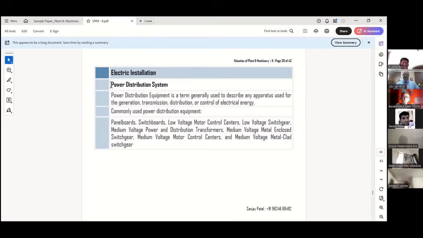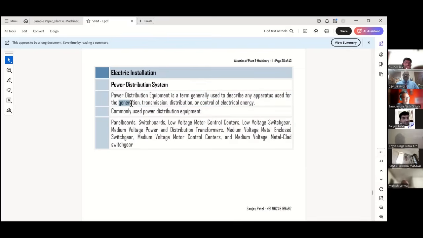So in entire power distribution systems, you will find a lot of equipment. Power distributing equipment is terminology used to describe any apparatus used for the generation, transmission, distribution, and control of the electrical energy.